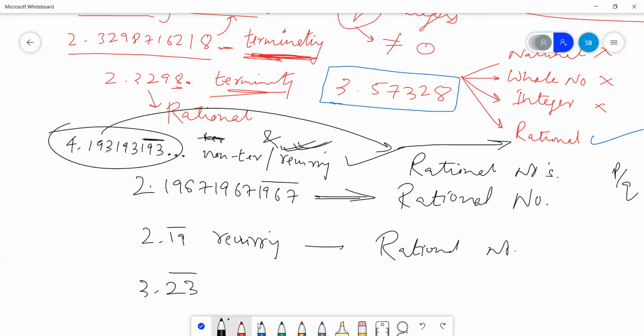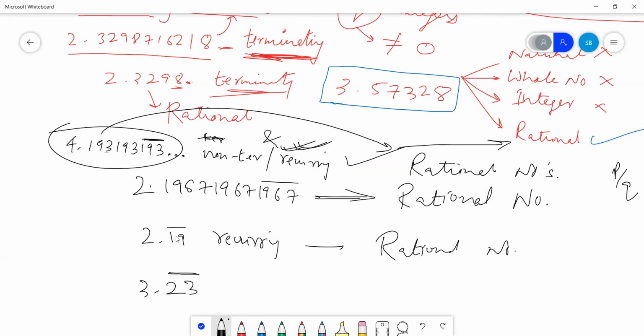3.23 and there's a bar on it? Is it rational or irrational? I have taken more time, but this concept needs to be clear. Because I cannot stop it in between, because it might get disturbed in the mind. 3.23.